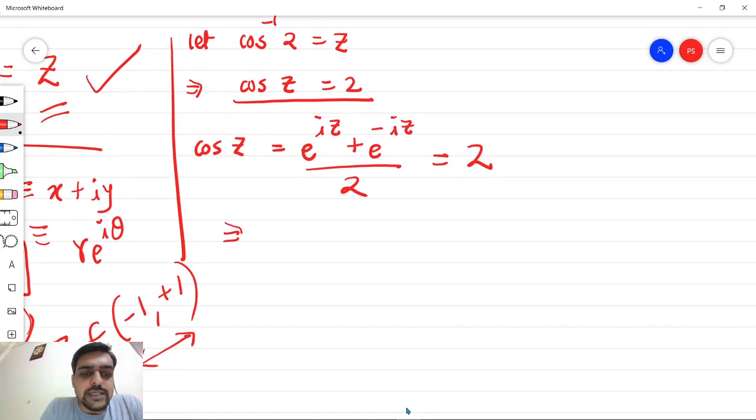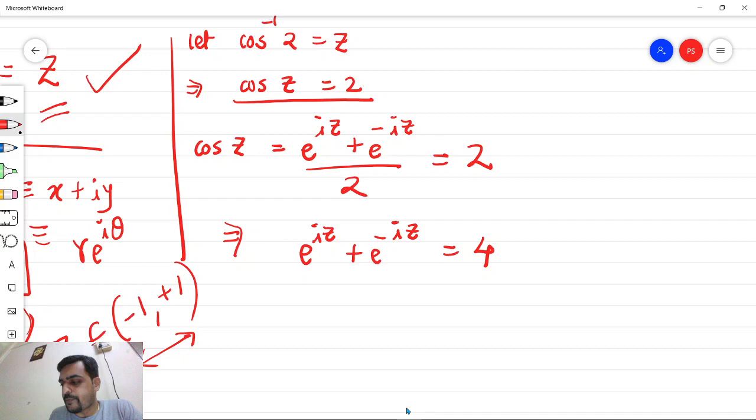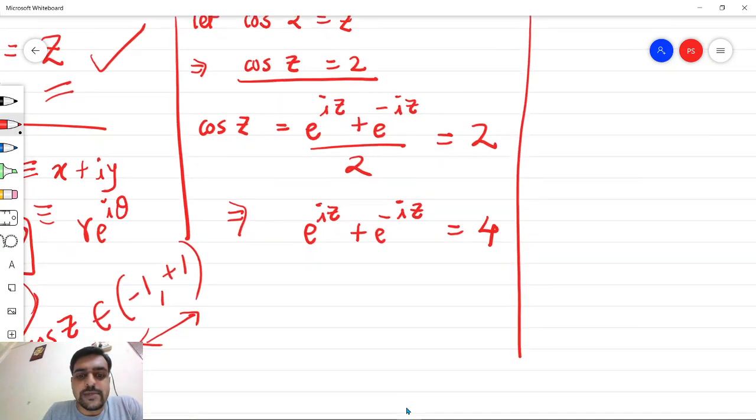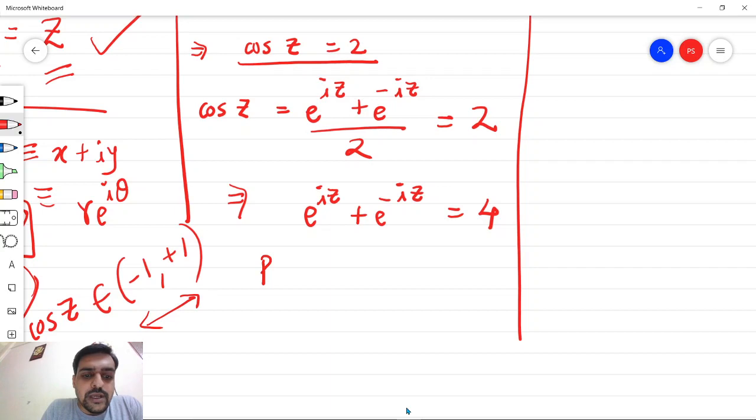So let us just reshuffle and write it as e raised to iz plus e raised to minus iz equal to 4. Now we need to find out z ultimately. So we will try to simplify this expression by introducing change of variable. So we are going to put some u to be equal to e raised to i times z.